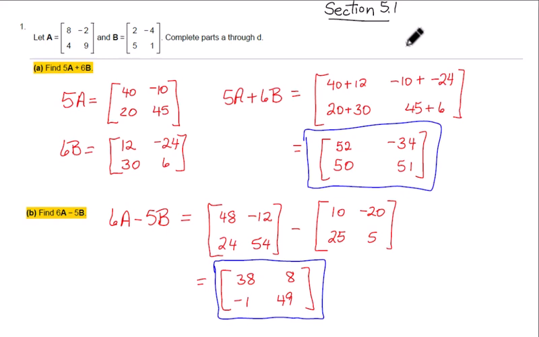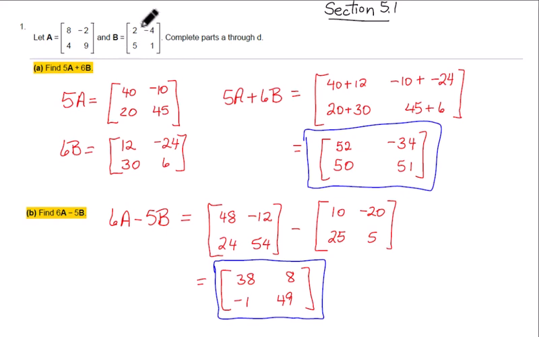So here in question 1, we are given matrix A, matrix B, and we want to do some operations. So we've got 5A plus 6B. So 5 times A, that's just multiply everything in the matrix by the constant 5.